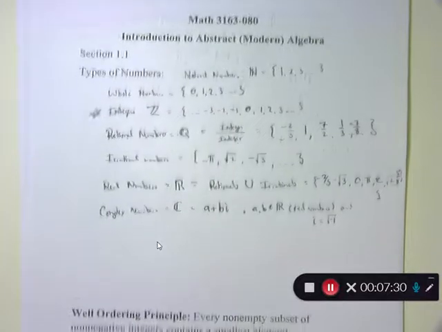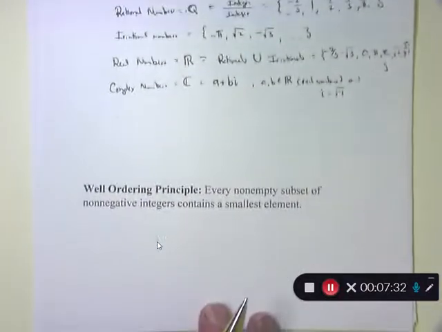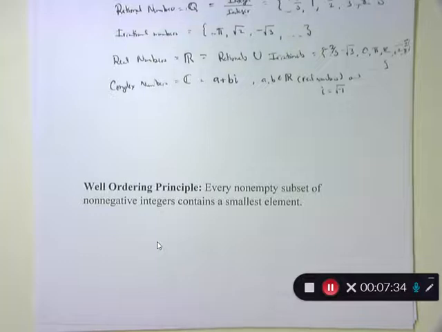So as we focus on the integers, we have something called the well-ordering principle, and it's just a concept. When we talk about mathematics, a principle is a statement of truth, axiom, principle, pretty much the same thing here. The well-ordering principle says this: every non-empty subset of non-negative integers contains a smallest element.